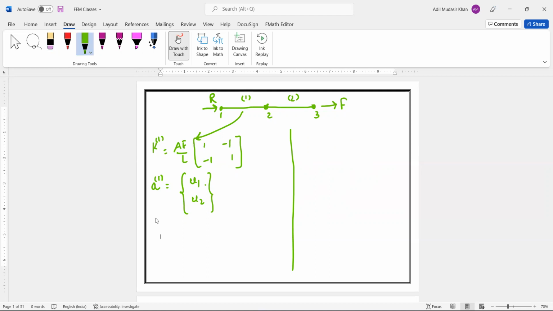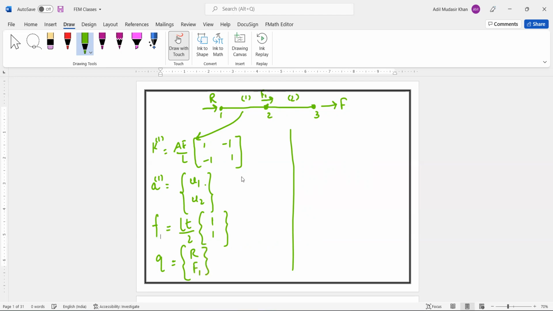Okay, and the force matrix F is equal to, let's suppose some traction is acting on it, LT by 2 [1; 1]. And what is the Q vector? That is the force acting at node 1, that is R, and once you are segregating these two, let's suppose there's force F from 2 to 3. Let's suppose this is F1, okay? That's F1.